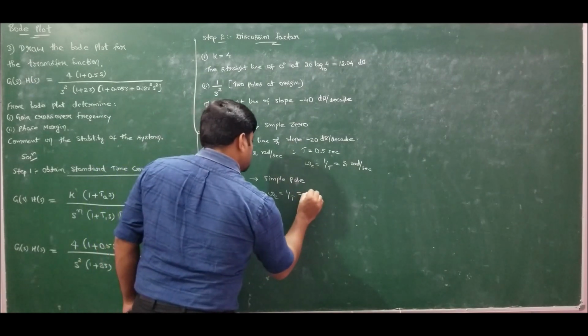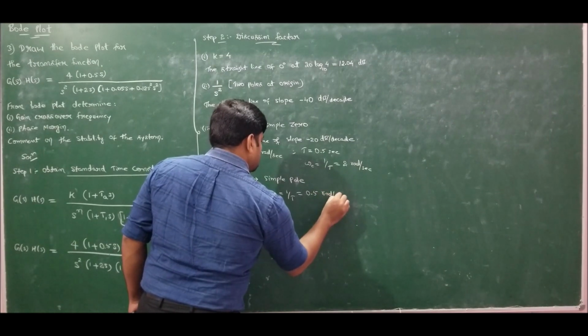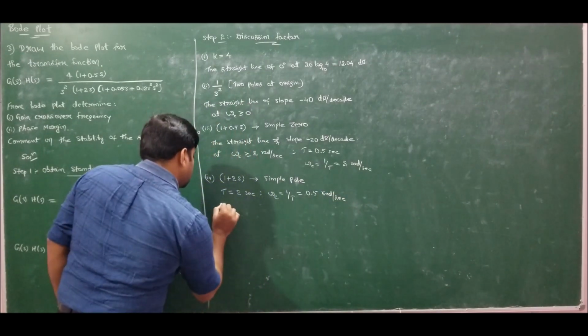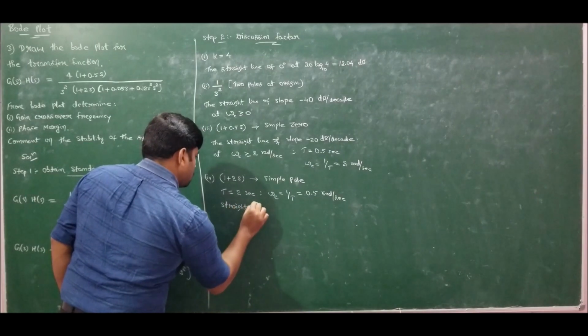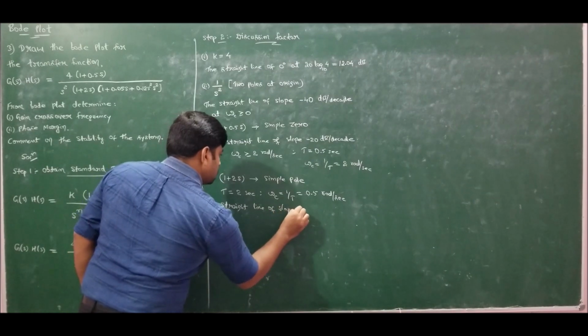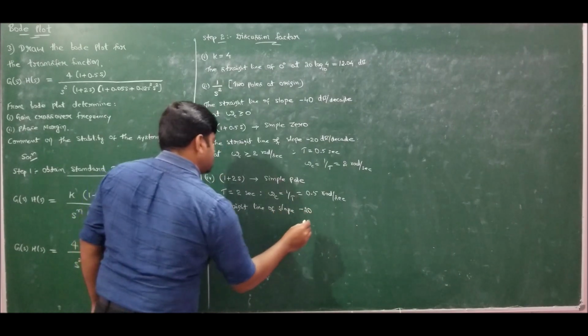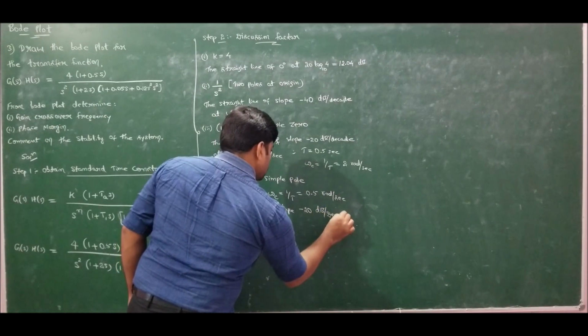That is 1 by 2, which is 0.5 radians per second. Hence, it is a straight line of slope minus 20 decibels per decade.